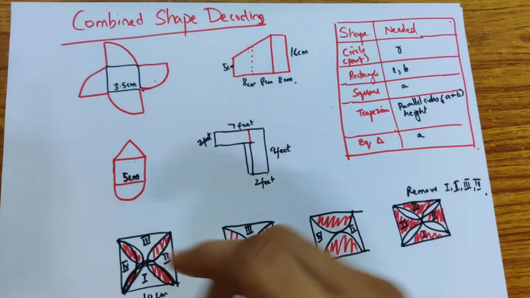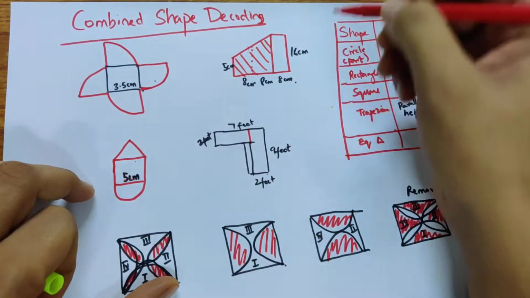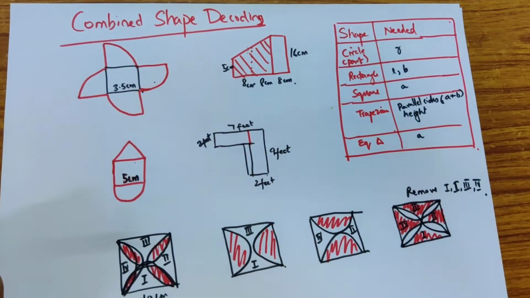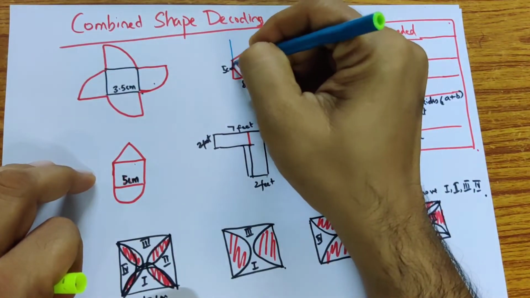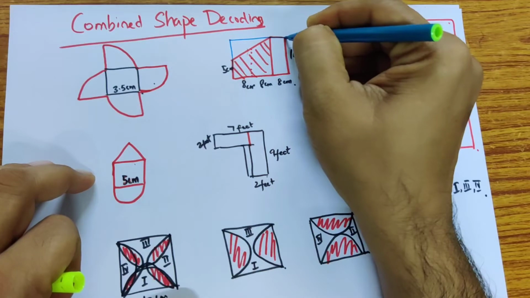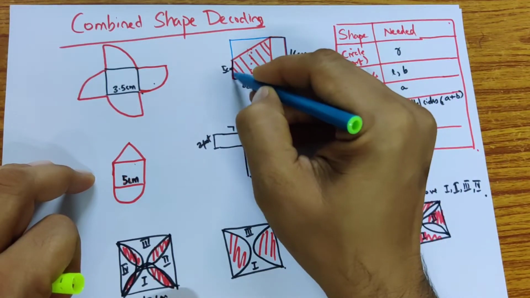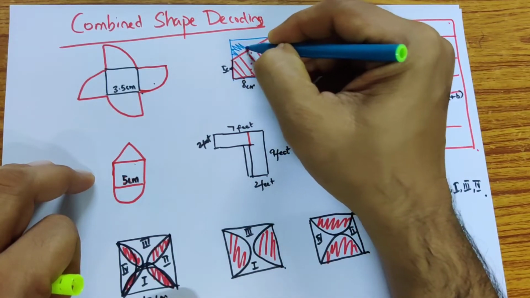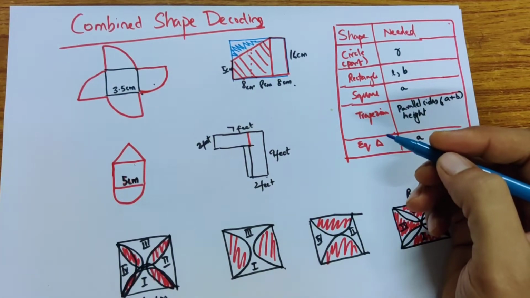We can take this trapezium and then we can take the rectangle. And in the book itself it's given that we could have also looked at it as a large rectangle of 8 plus 8 plus 8, 24 times 16, and remove this, and you would get the same shape.